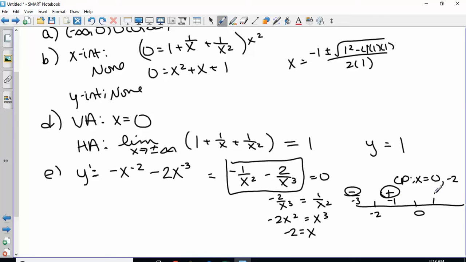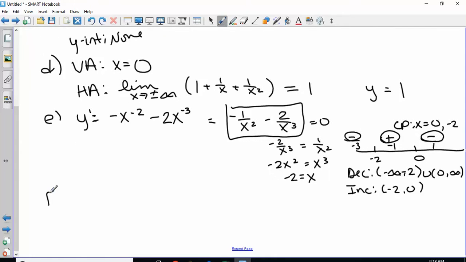Put in negative 1, I get negative 1 plus 2, so that's positive. Put in 1, negative 1 minus 2 is negative. So we are decreasing negative infinity to negative 2 and 0 to infinity. Increasing negative 2 to 0.